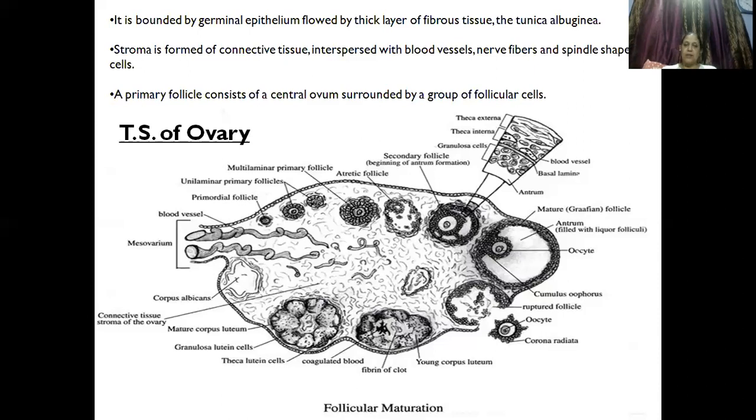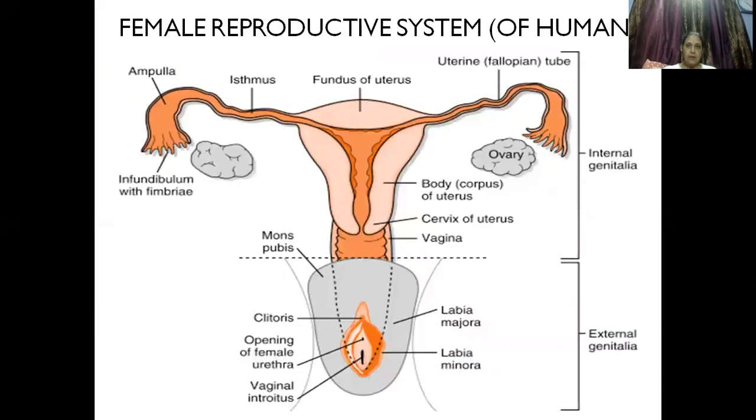Okay, that means at the age of 13, the egg is released out from the ovary, and it is taken up by the infundibulum with the help of the fimbriae, and the egg goes and waits at the ampulla.